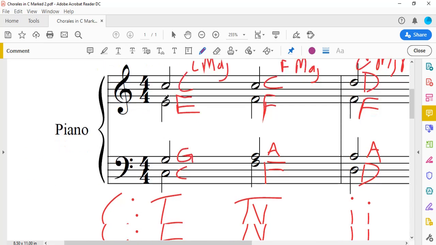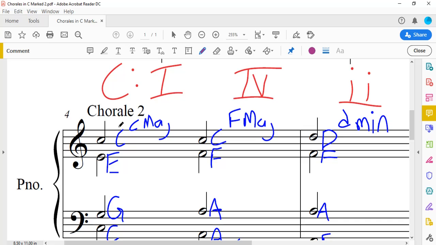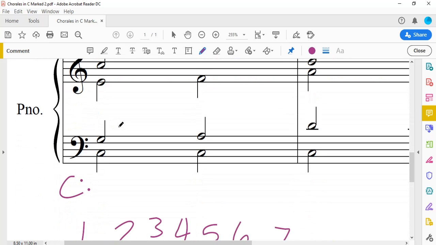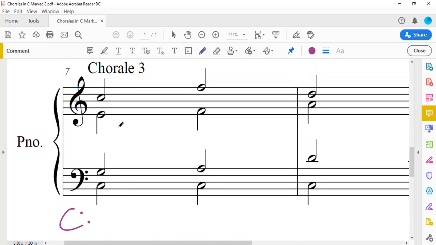We have C, G, E, and C, which means this is a C major chord. Now, what is the root of the C major chord? The answer is C, and that root is our lowest note, so this is a C major chord in root position. So we're just going to mark it with a Roman numeral 1.